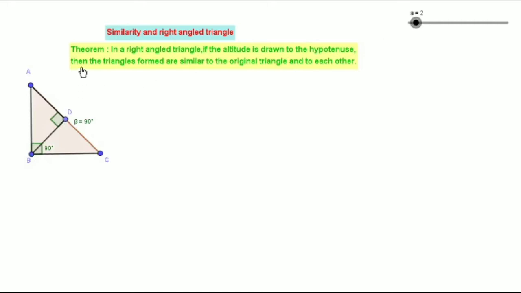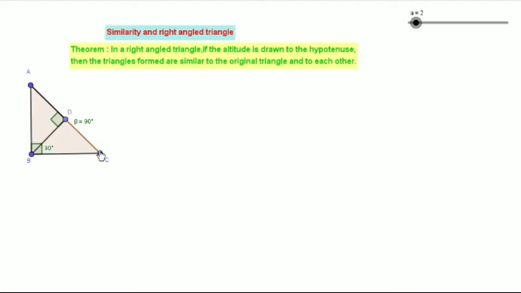So according to this statement, let's draw the figure. Observe here, this is triangle ABC, which is a right angle triangle, and segment BD is the altitude drawn through the vertex on the hypotenuse AC. Due to this altitude BD, triangle ABC has been divided into two triangles, that is triangle ADB and triangle BDC.